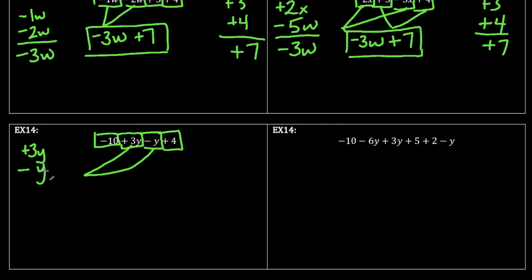Well, don't forget that if I'm taking away y, then I'm essentially taking away 1 copy of y. So 3 copies of y minus 1 copy of y is 2 copies of y. So 2y. And then if it makes it easier, you can cross it out here. I don't, because I like to see my work to make sure I didn't do anything wrong.